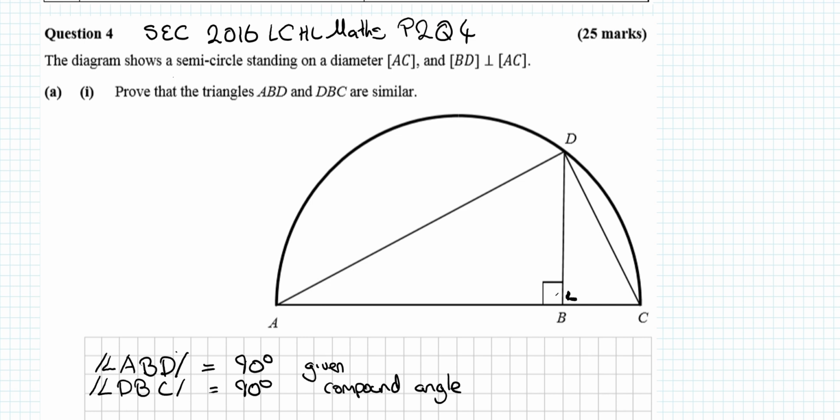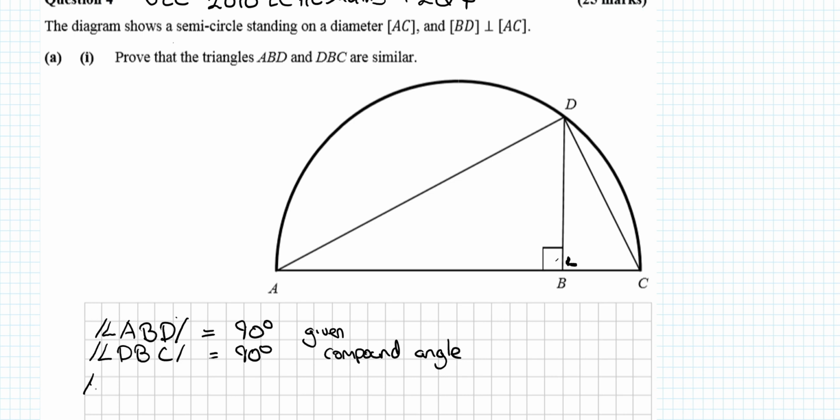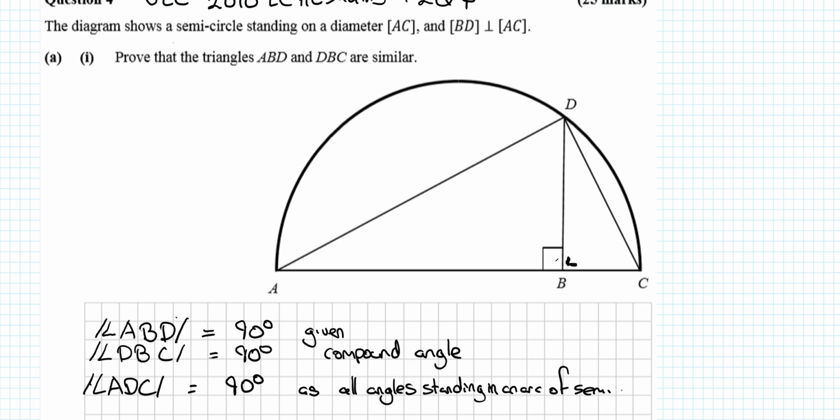We know that the angle ADC is equal to 90 degrees, as all angles standing in an arc of a semicircle are 90 degrees.